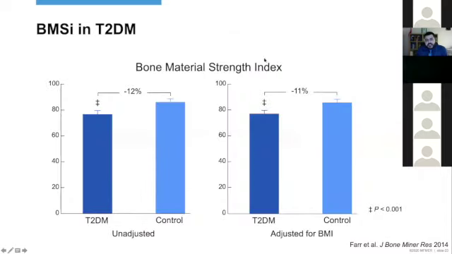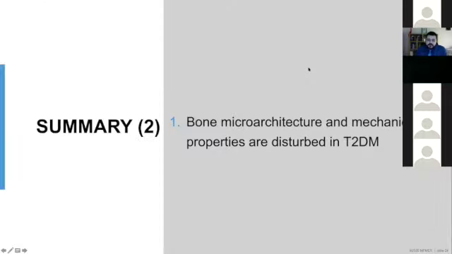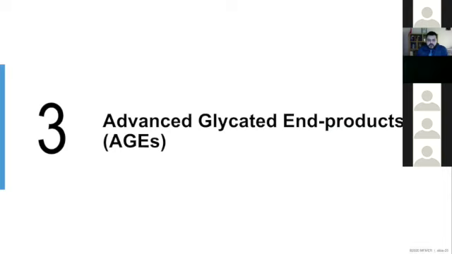And if you look at that bone material strength index, which comes out of that probe that I showed, there is a significant 12% decrease even after adjustments for weight, meaning that the mechanical properties of the bone are impacted. So the second part tells us that we know that microarchitecture and mechanical properties of the bone are impacted in type 2 diabetes compared to controls.